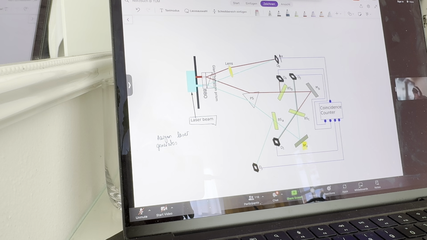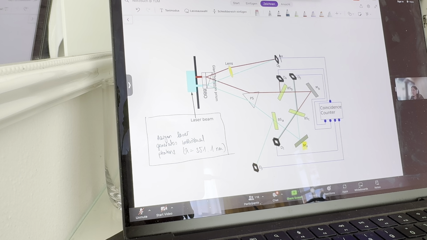So it generates individual photons of a wavelength of 351.1 nanometers. Okay, so this is what happens here. This is just our light source.